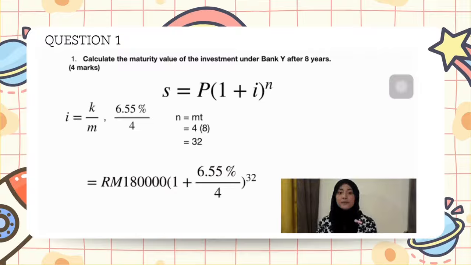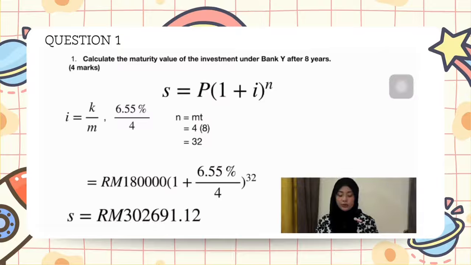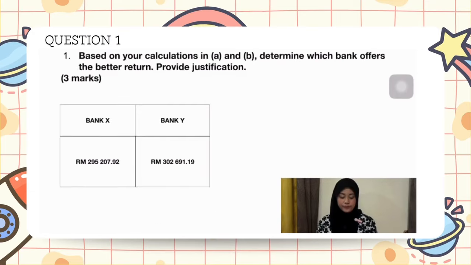Now we just have to substitute in the formula. Our P is 180,000, (1 plus 6.55% per 4) to the power of 32. S equals RM 302,691.12.